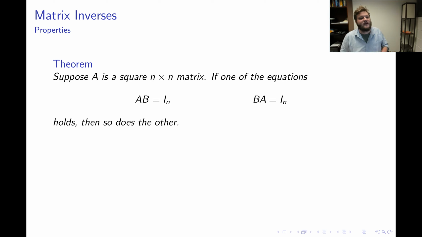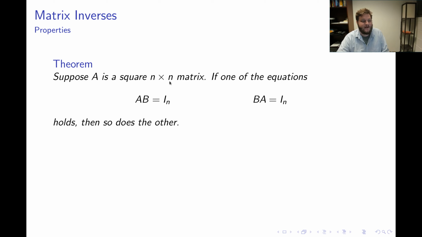So now I'd like to attack the problem of, well, what kind of behavior do inverses exhibit, and how do I find them? So one key result in this line of reasoning says the following. Let's say that I'm dealing with a square n by n matrix.